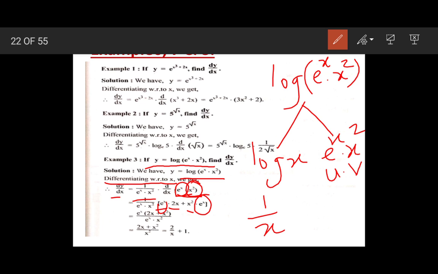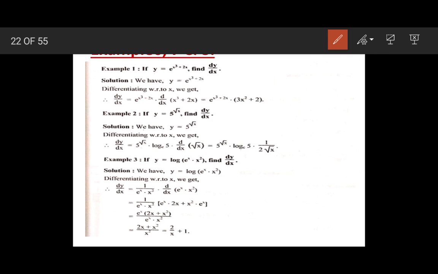Now take e^x common. So e^x into 2x plus x square, upon e^x into x square.